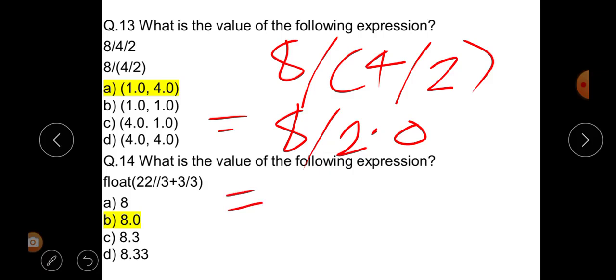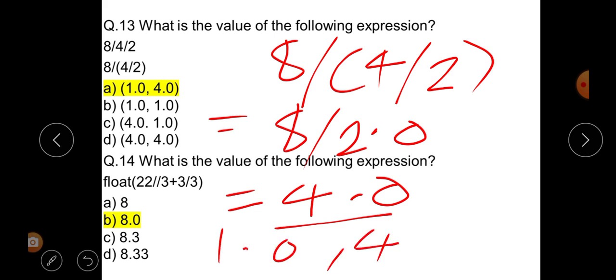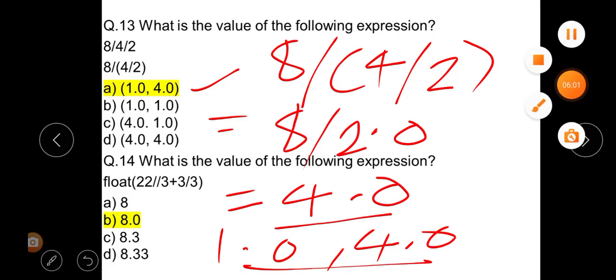So 8 divided by 2.0 is 4.0. So the second value should be 4.0. So 1.0 and 4.0 should be the answer. So it means option A is correct. Now I think it is clear to all of you.